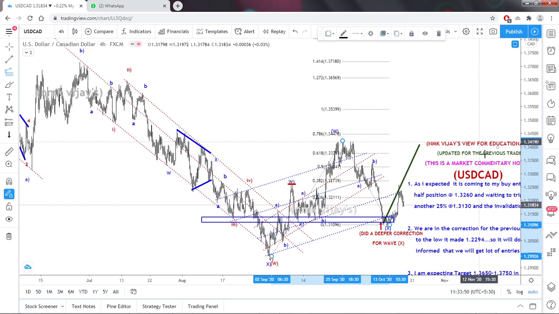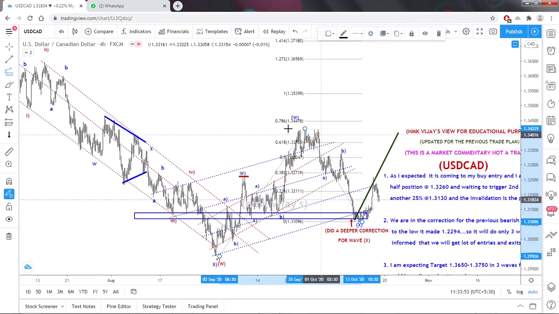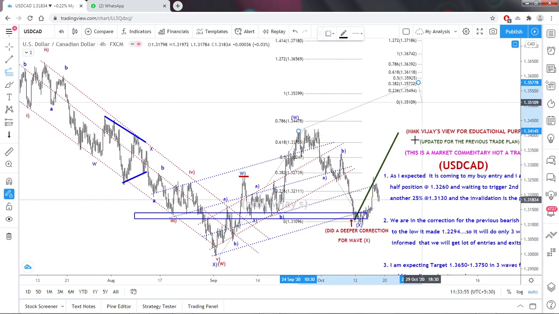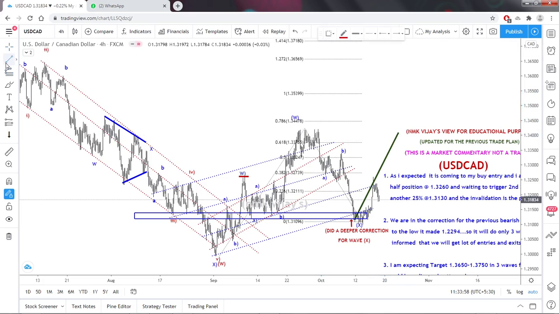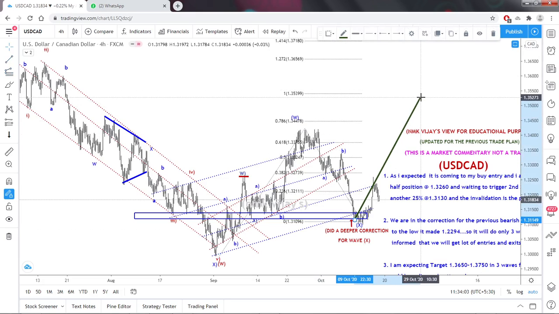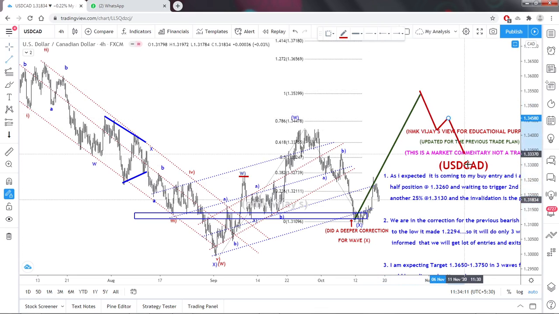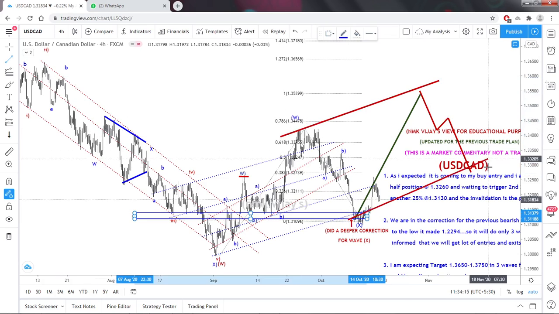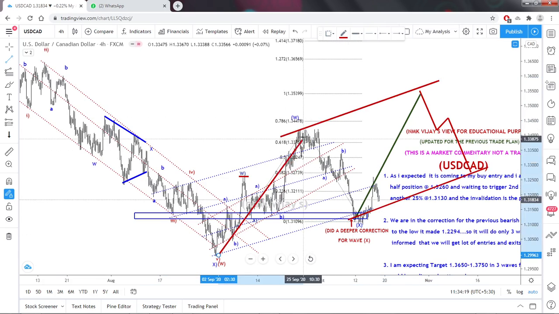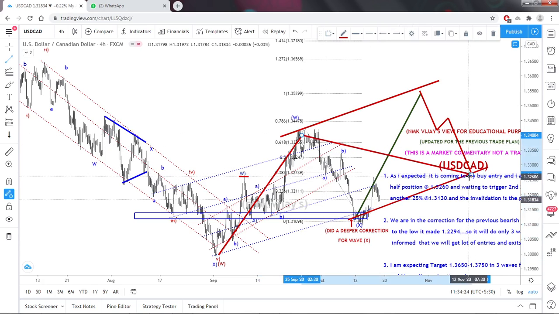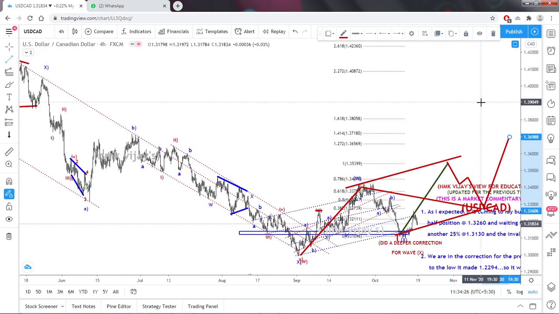After that, once it gets a 3-wave structure, what will happen, once again, for example, if it reached here in this zone for the Y wave, and again there is a 3-wave structure, and here it will go like this. So this impulsive wave A, B, C, this is a correction, and again one more wave to the higher side.